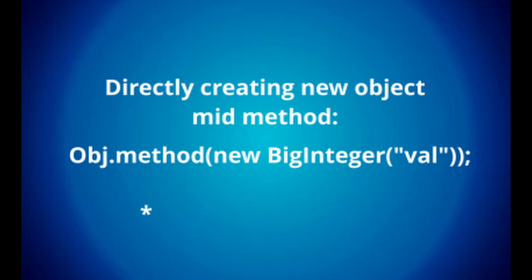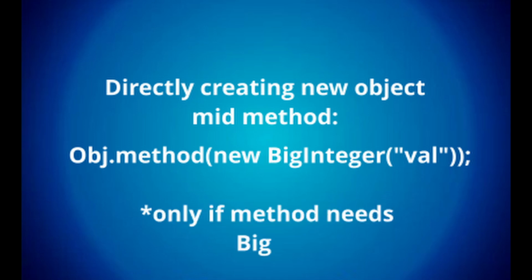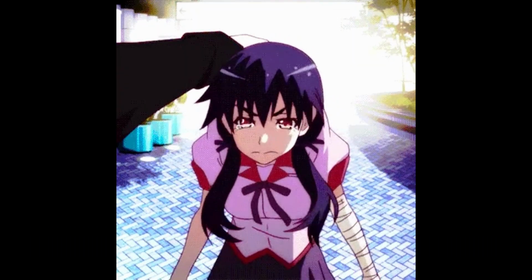And this is completely fine. It's a way faster way of doing it. If we're just using something one-off, like you're just going to abandon that big integer, then you don't have to assign it to a variable.